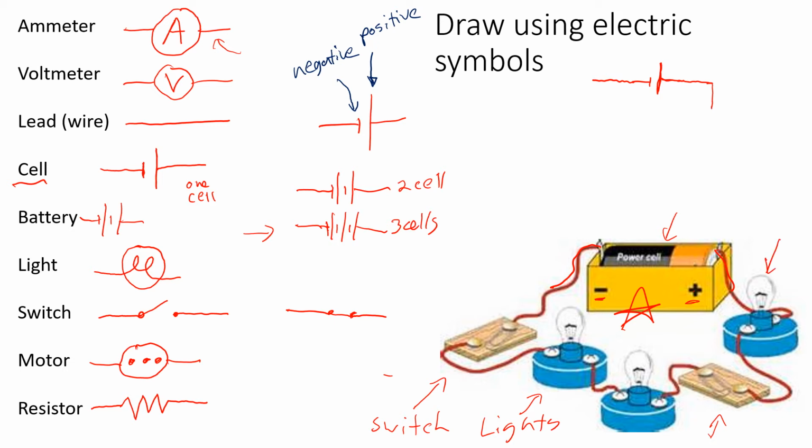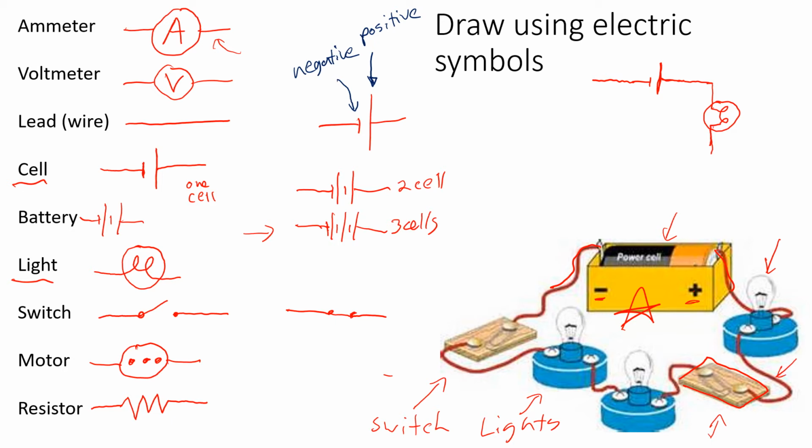So I'm going to draw a light bulb, which looks like this. So there's our light bulb. Then after the light bulb, we have another wire right here.